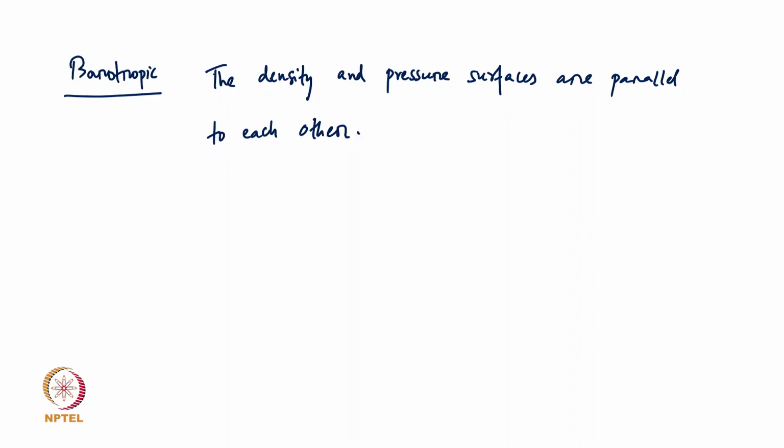We had briefly mentioned, during the definition of the Kelvin circulation theorem, that a barotropic fluid is where the density is only a function of pressure. So here, we're expanding on that definition. Density and pressure surfaces are parallel to each other. That is, density is only a function of pressure.